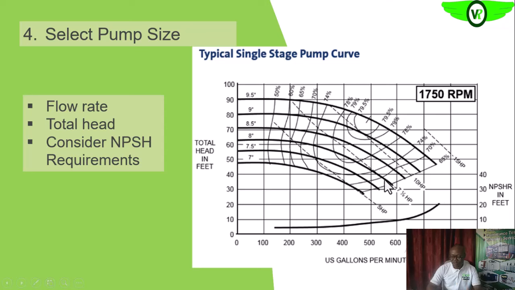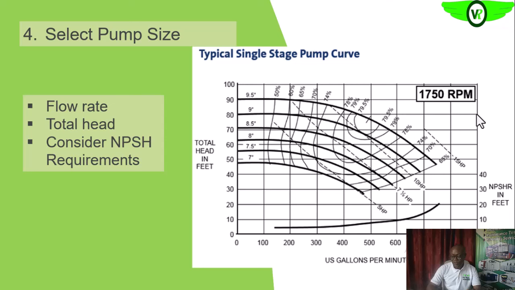Remember, we took 7.5 horsepower. If you look at this 7.5 horsepower, you will see that at that particular point, the net positive suction head is about 50, 60, 70, 80.